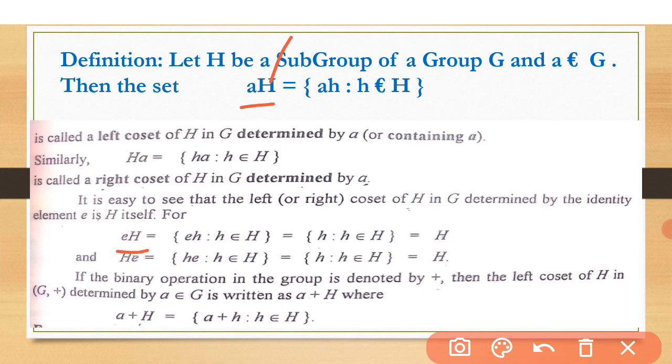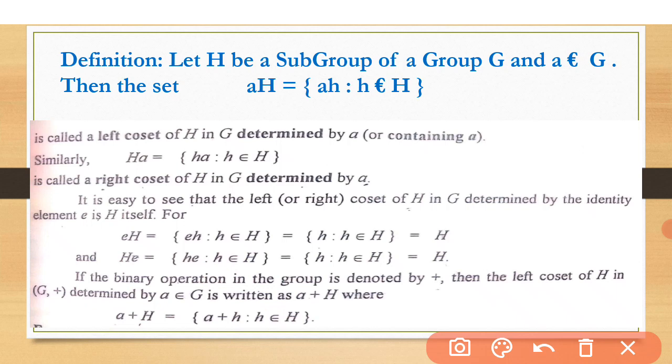Because when we multiply the identity element with any other element, the answer will be that other element. So this was multiplication, and the same action will be done for addition.